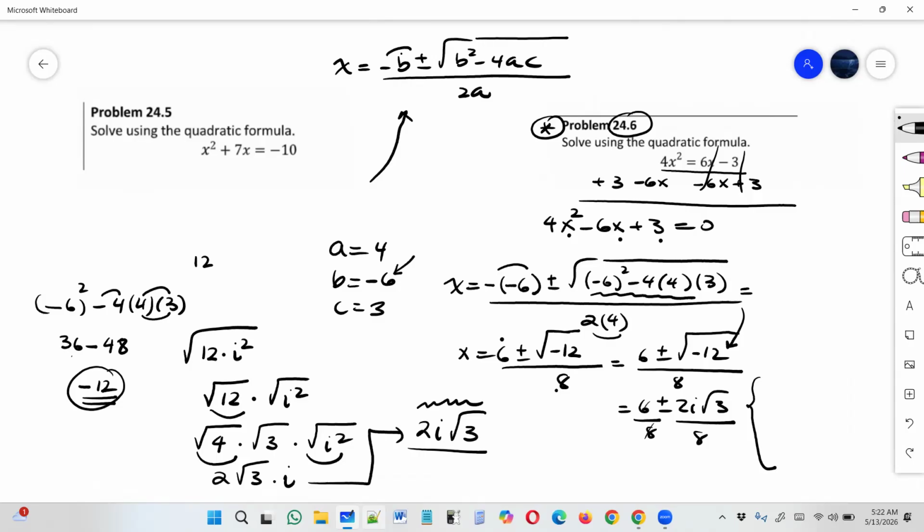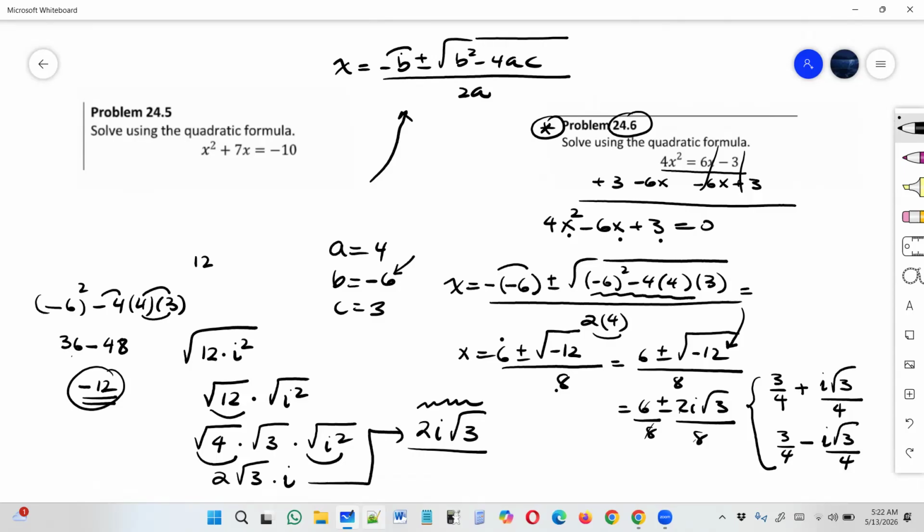Simplify the first by 2, 3/4. Simplify that by 2, plus i radical 3 over 4. And the second one, 3/4 minus i radical 3 over 4.